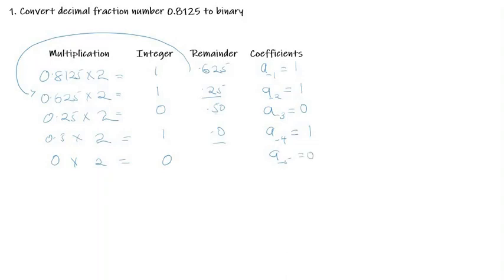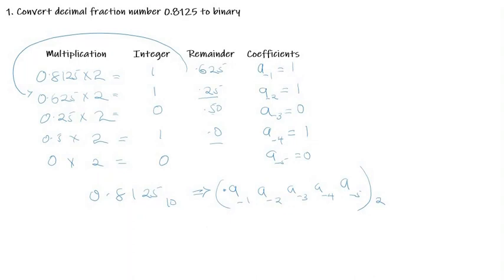So the answer in terms of binary will be given as follows. 0.8125 to base 10, when you convert to binary, will be a minus 1, a minus 2, remember there's a dot here, a minus 3, a minus 4, a minus 5, to base 2.